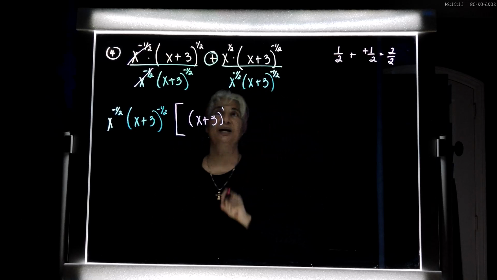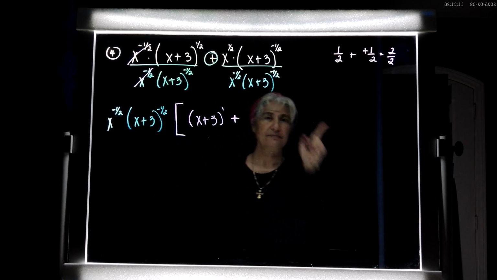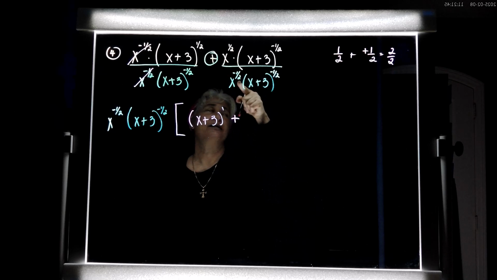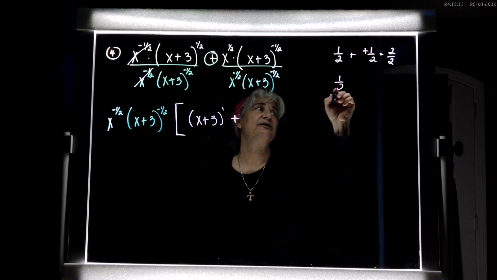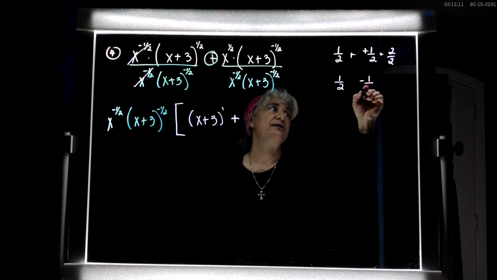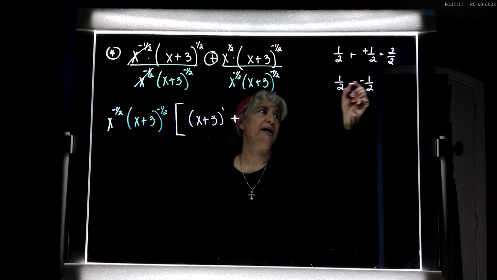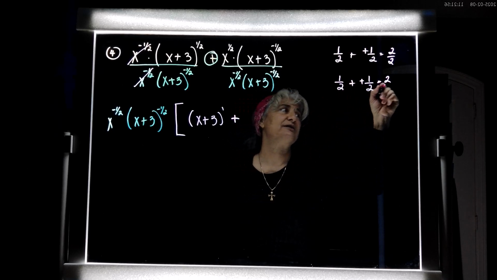Yay! Okay, plus, to the right, x to the 1/2 divided by x to the negative 1/2. Okay, bases are the same, and I have a 1/2 in the numerator, that's its power, and the denominator is a negative 1/2 power. We subtract, and lo and behold, look at this.